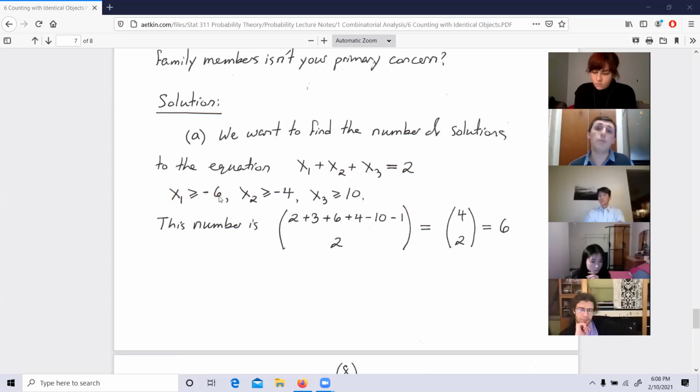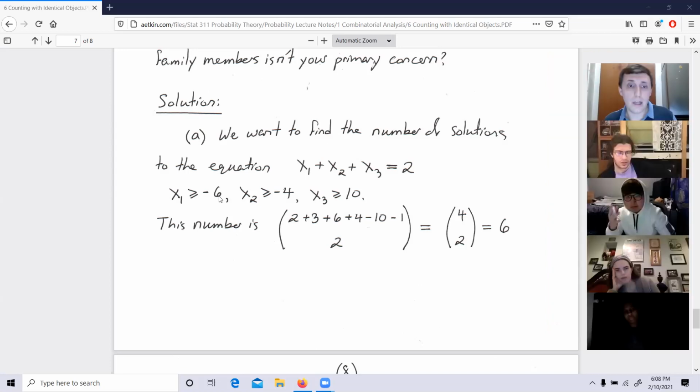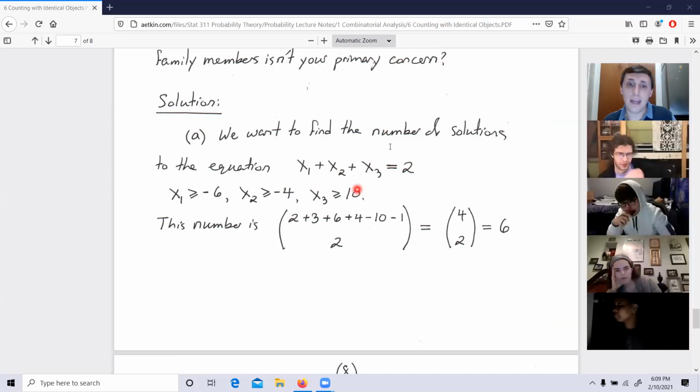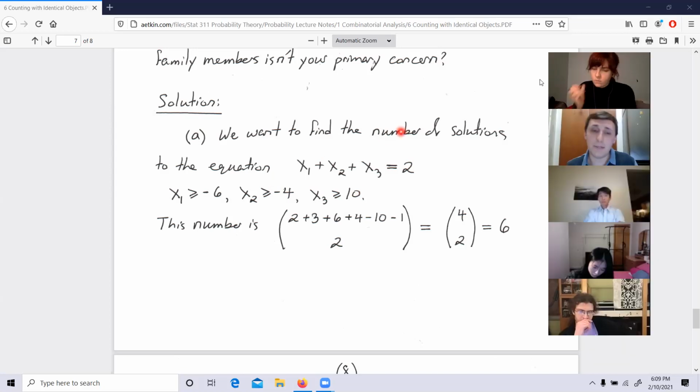Because you cannot take more than 6 spoons from your grandmother. Now x2 cannot be less than -4 because you cannot take more than 4 spoons away from your parents. And x3 cannot be less than 10 because initially the mob had 0 spoons, and you cannot take spoons from them, you have to give them spoons.